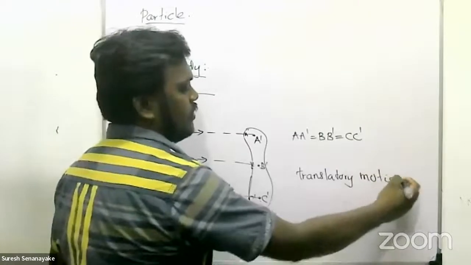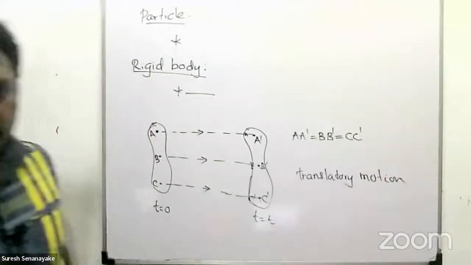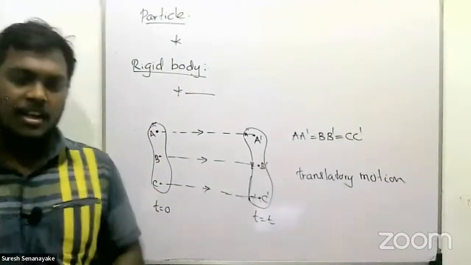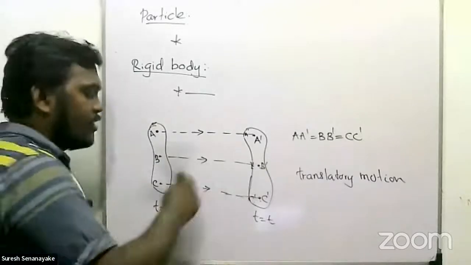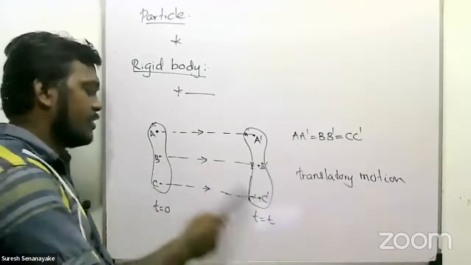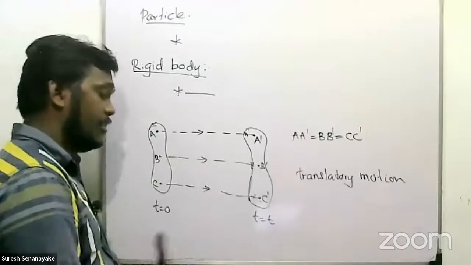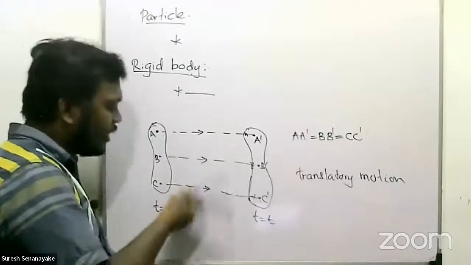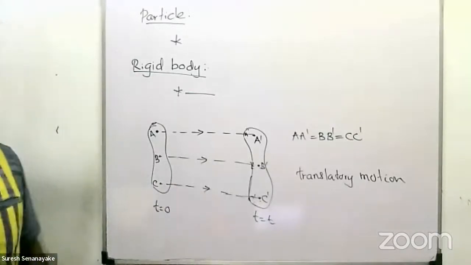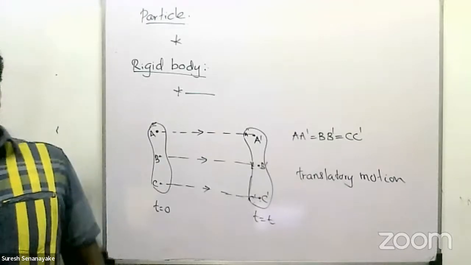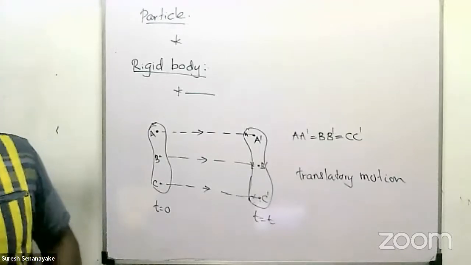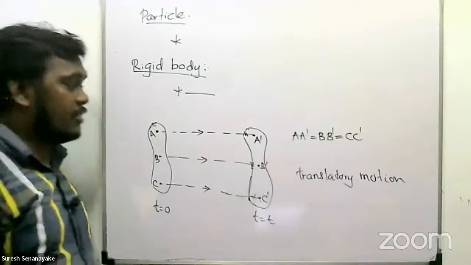This kind of motion is called the translatory motion. And when you rotate it, this is rotatory motion, since these distances are not the same, but angular displacements are the same. So we will define this to identify the difference between these two.